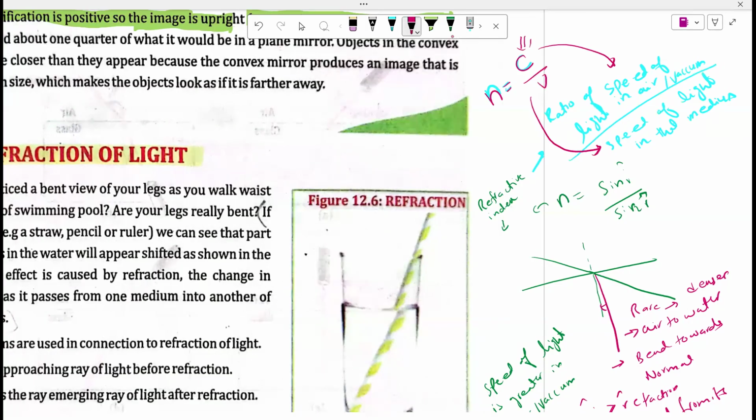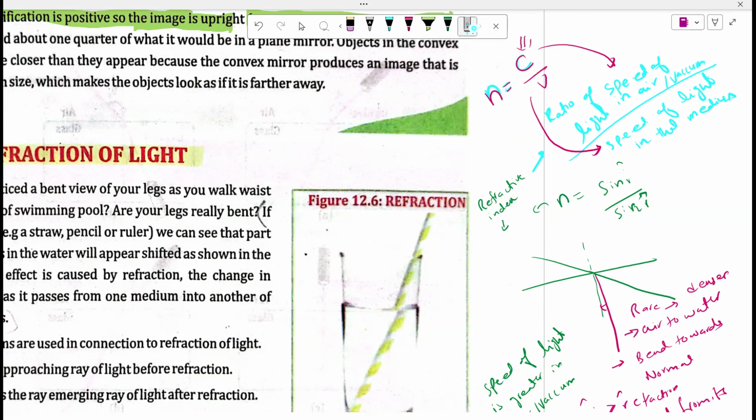What is the value of speed of light in air? 3 into 10 to the power of 8 meters per second. And it will always be constant. It would never change. So the only thing the examiner would ask us is either to find the refractive index or the speed of light in that medium.